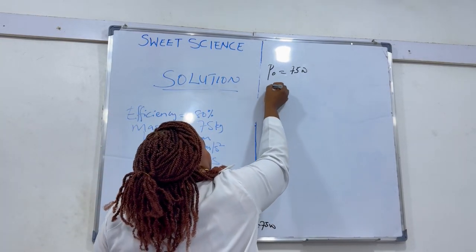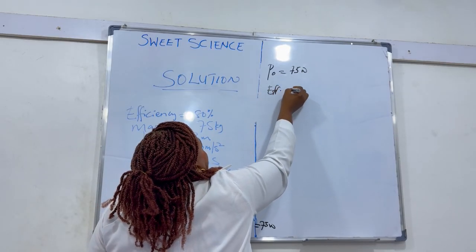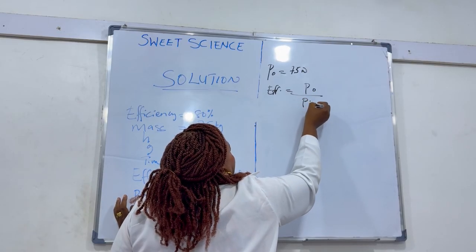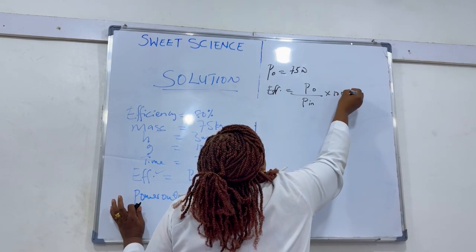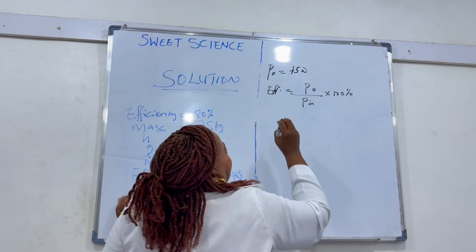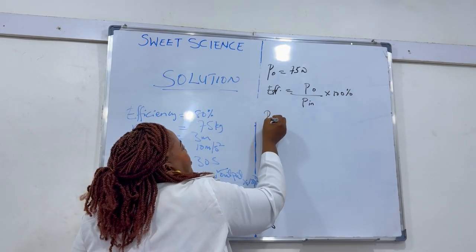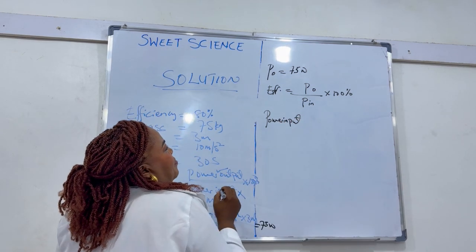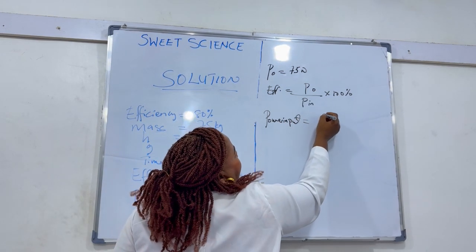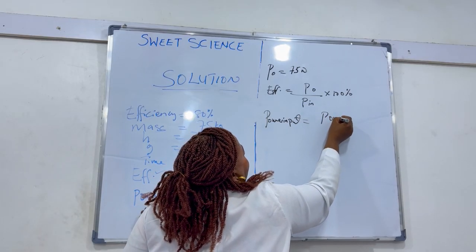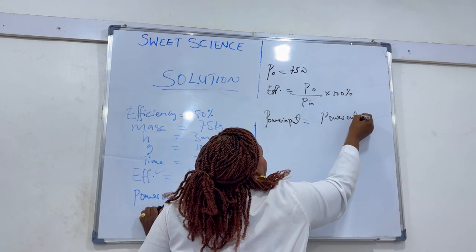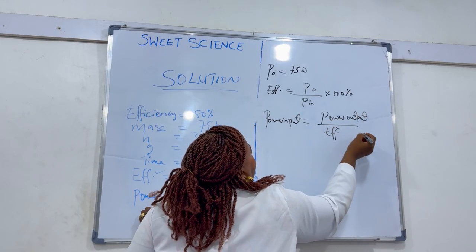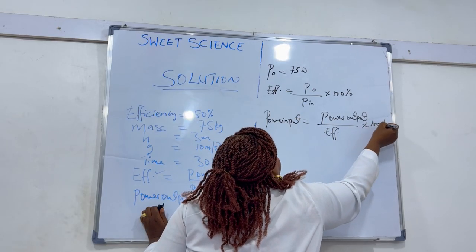All right, we now substitute into the equation. We have that efficiency is equal to power output all over power input times 100%. And then we are looking for power input, which is power output all over efficiency times 100%.